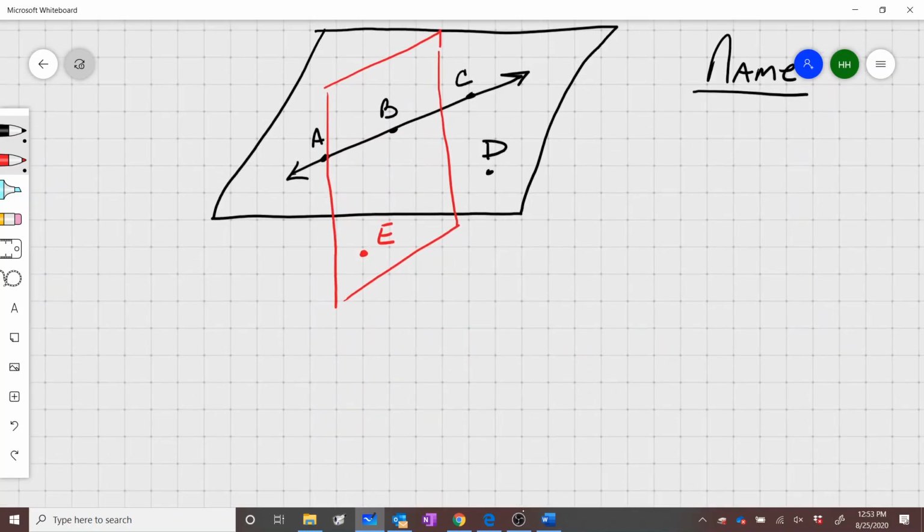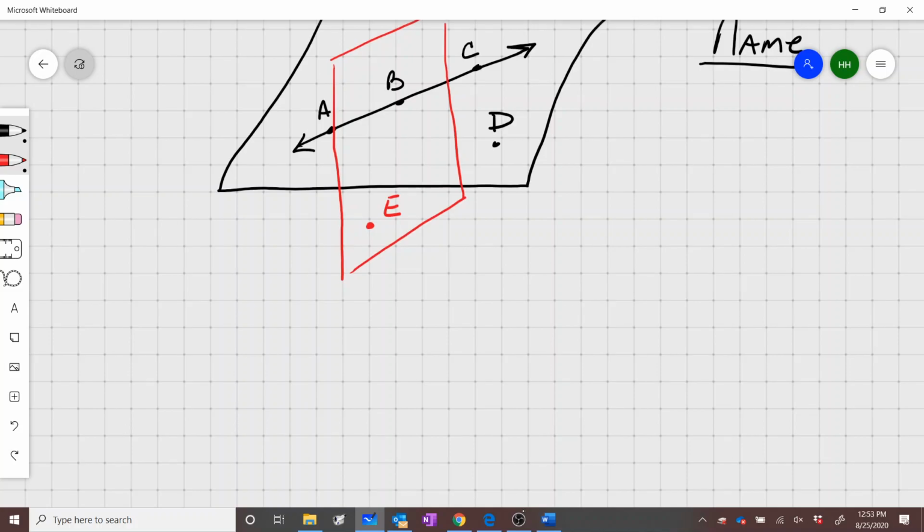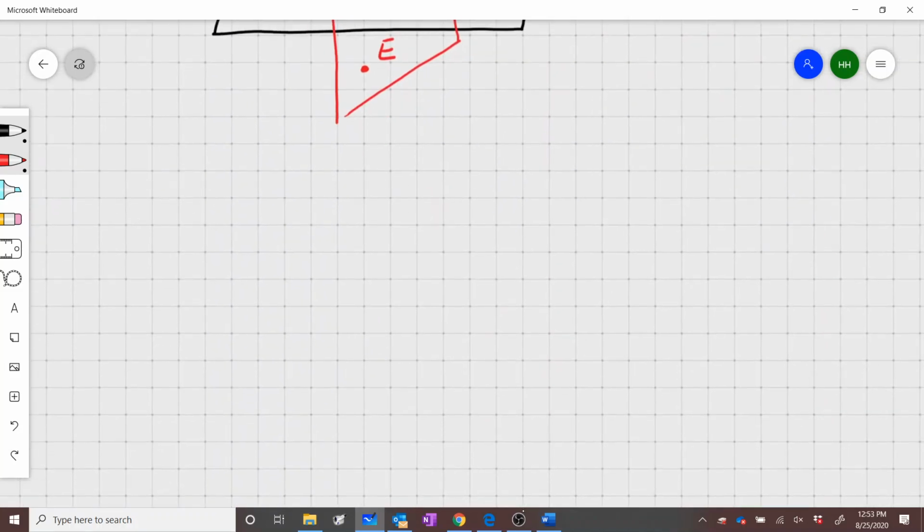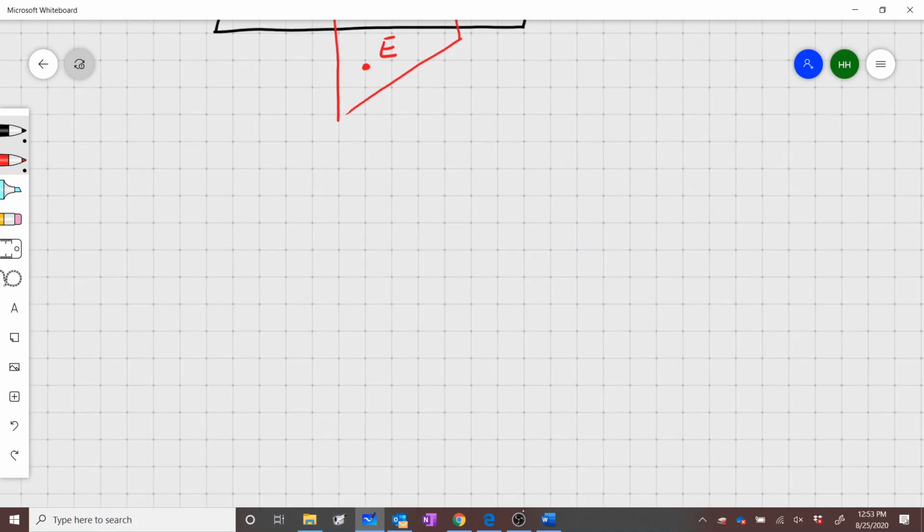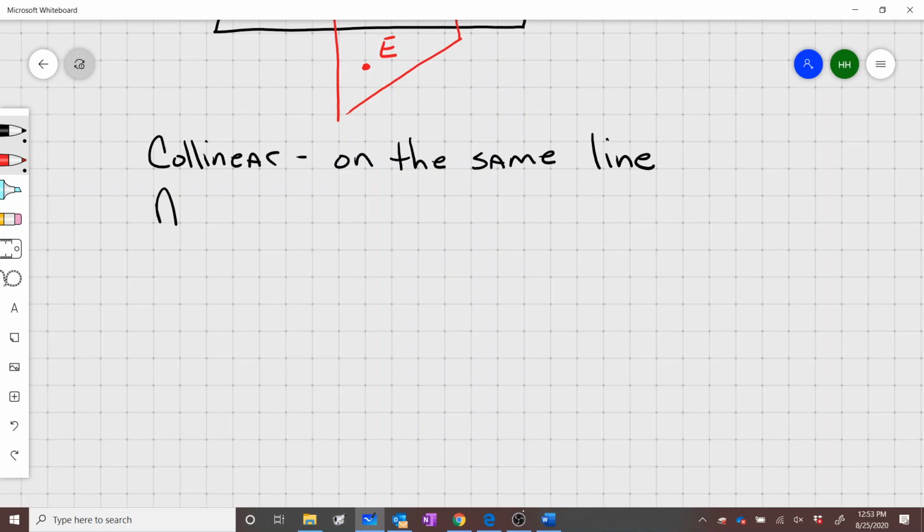Alright, so a couple more terms. Collinear. That means on the same line. So if collinear means on the same line, we've got the term non-collinear. What do we think that means?